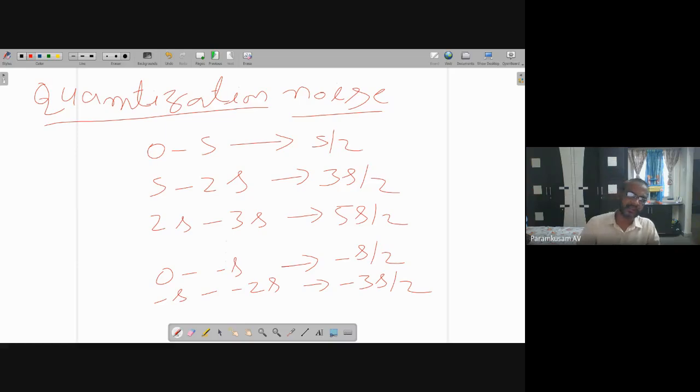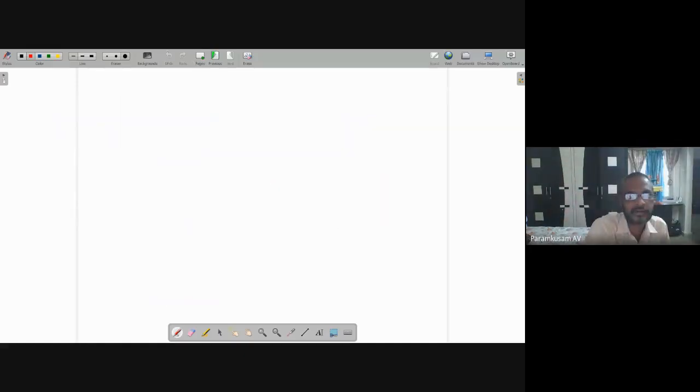Similarly, here any value between 0 and S is approximated by S by 2. Then what is the error in that approximation? We cannot tell exactly. Suppose the input is 0 and is approximated by S by 2, what is the error? Suppose the voltage from 0 to 1 is approximated by 0.5 volts.